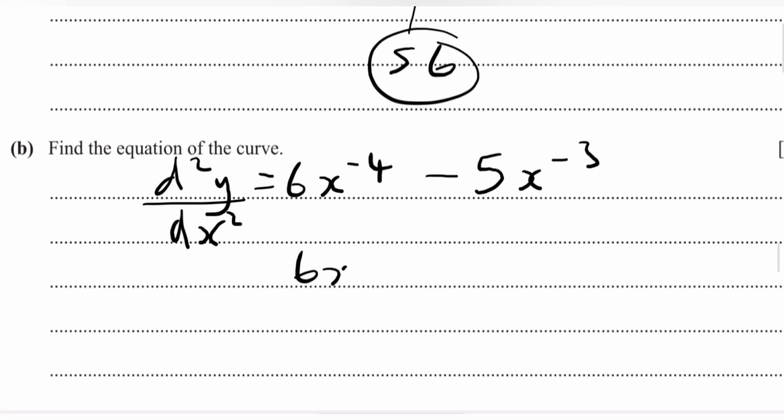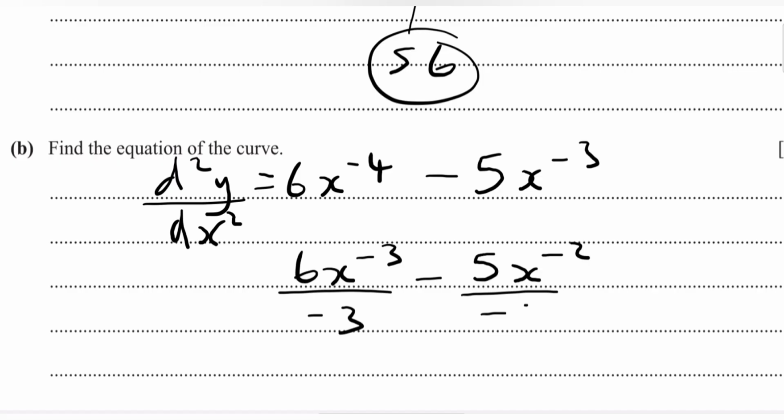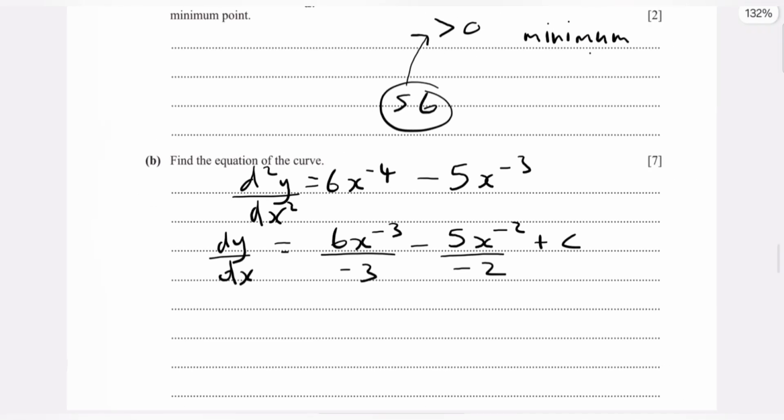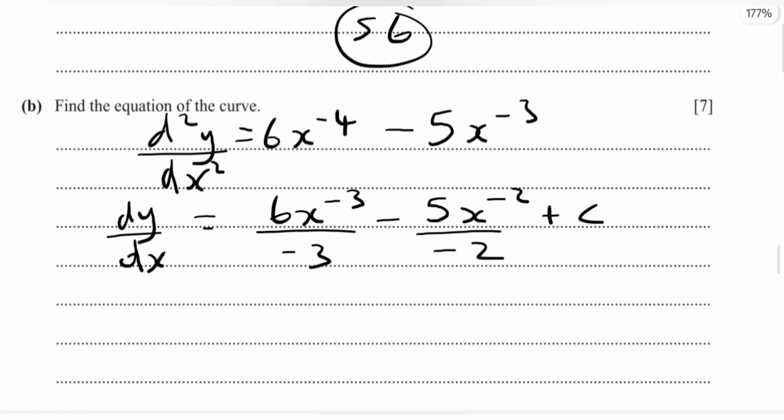So this is 6x to the power minus 3, and we divide by the new power, minus 5x to the power minus 2 divided by the new power, plus our constant. This is now dy dx, the first derivative, right? The reverse of differentiation, right?